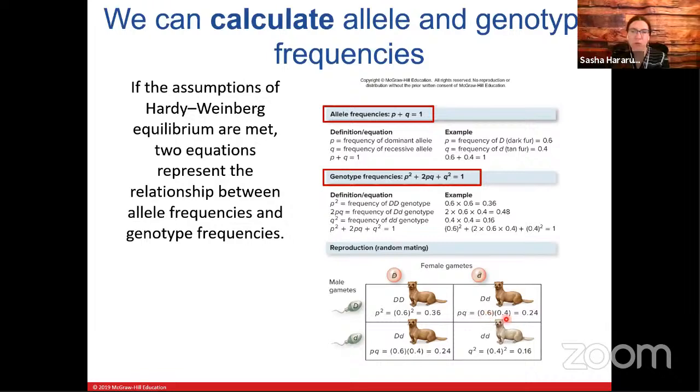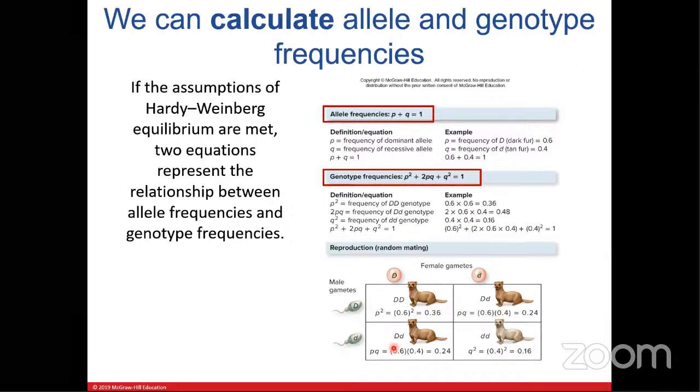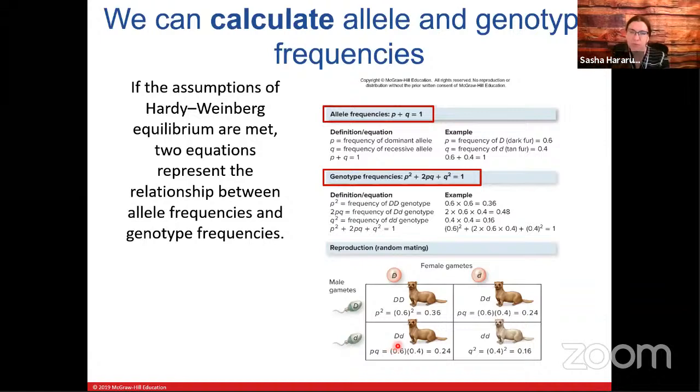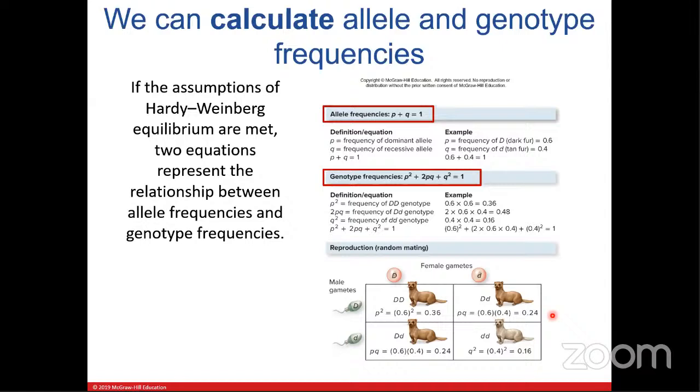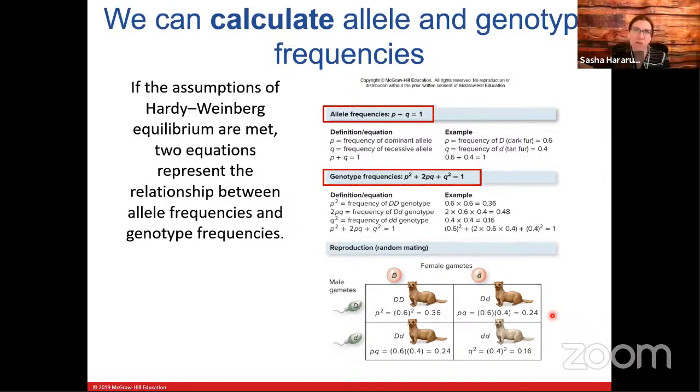So you work with whatever frequency you calculated. That's 0.25, or 25% of individuals. The expected occurrence of the heterozygous genotype is 0.25 times 2, so 50% would be the expected occurrence of heterozygous individuals.